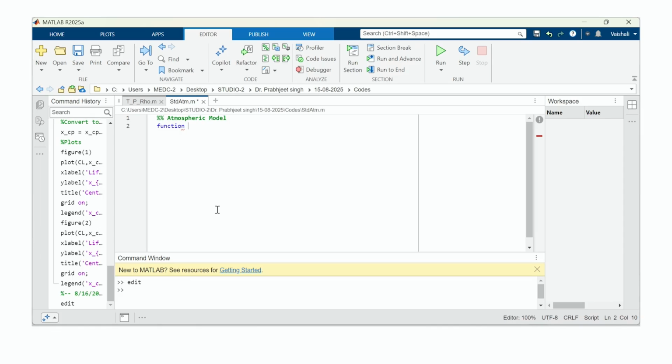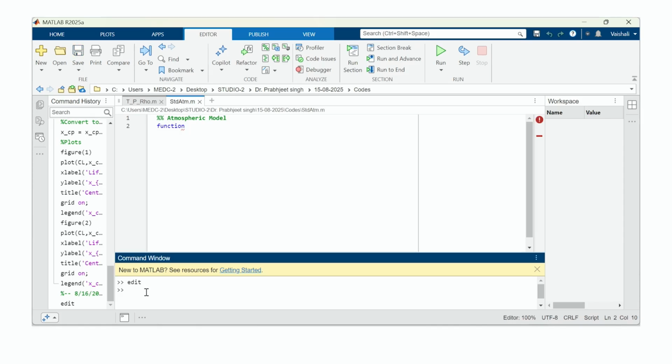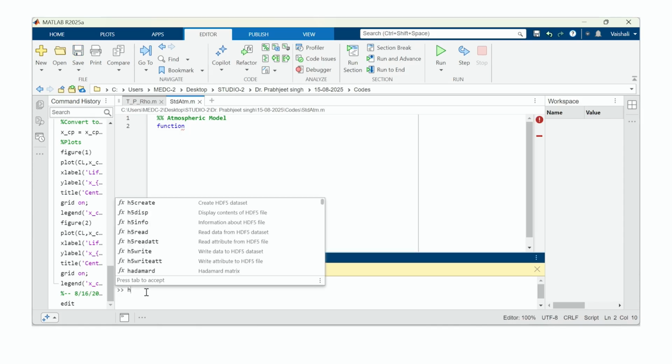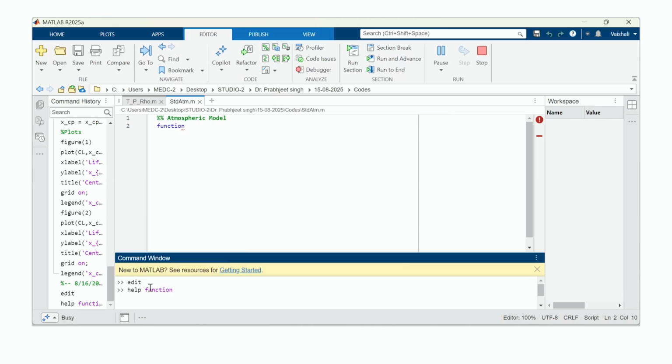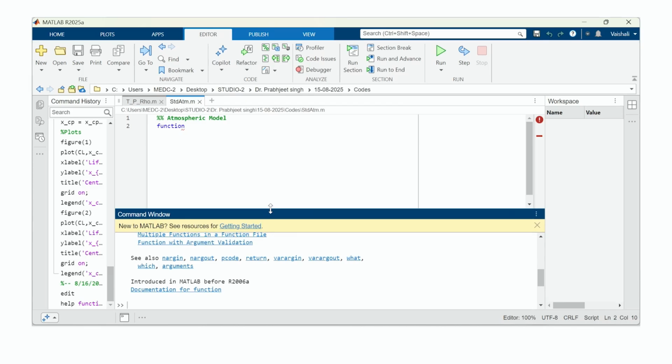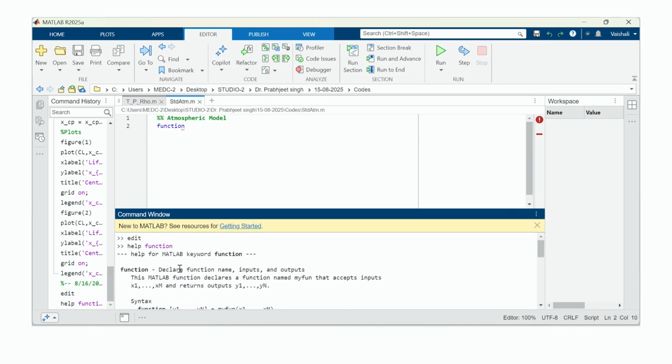If you want to learn the commands, in the command prompt you just have to type help and the command that you want to learn about. So, help function. You'll get complete documentation related to function files. This declares the function name, inputs and outputs.